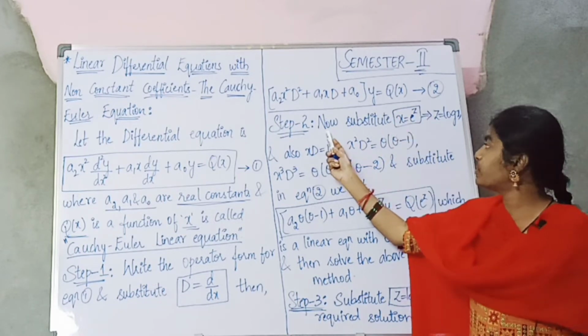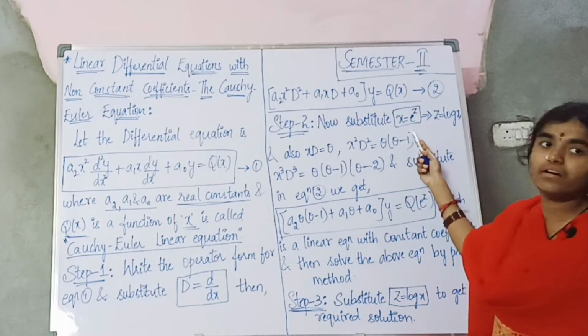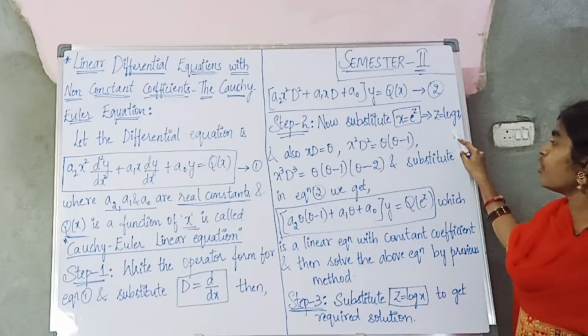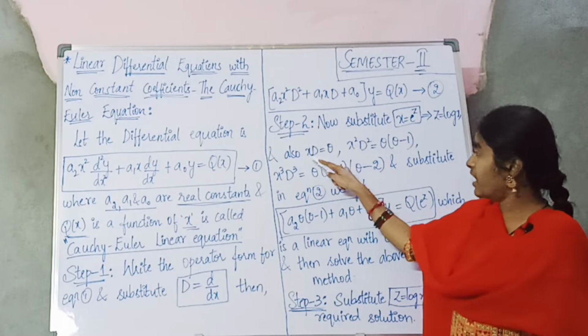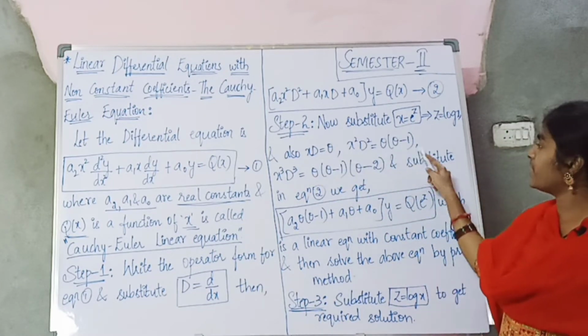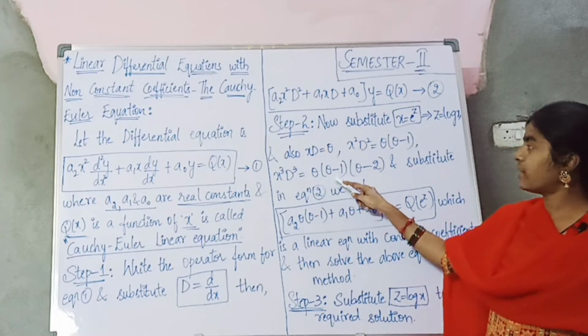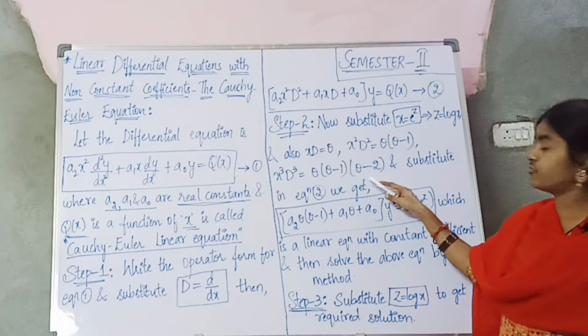Now coming to step 2, we substitute x equals e power z. That implies z equals log x, and xD equals theta, x square D square equals theta into theta minus 1, x cube D cube equals theta into theta minus 1 into theta minus 2, and so on.